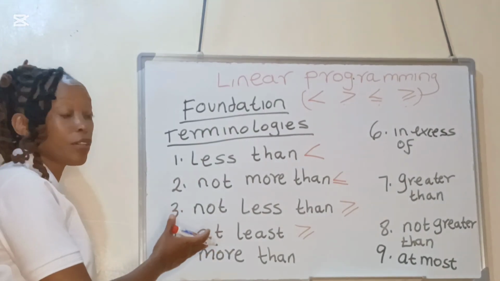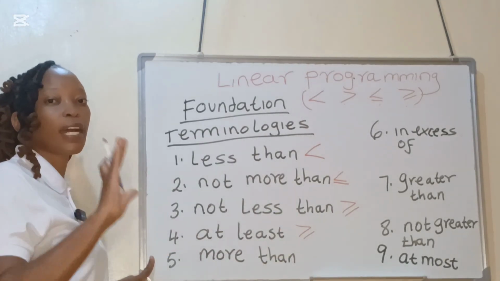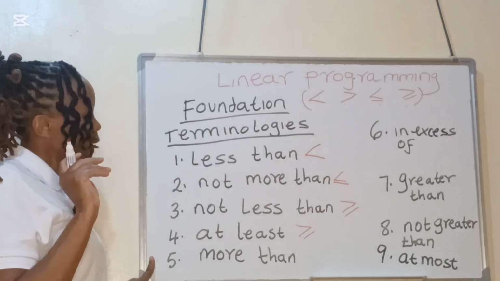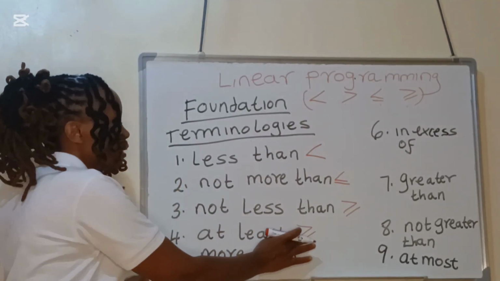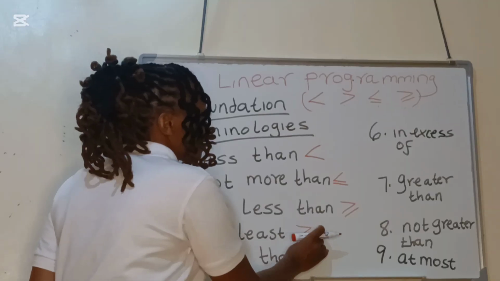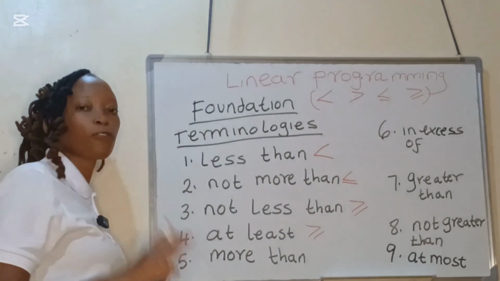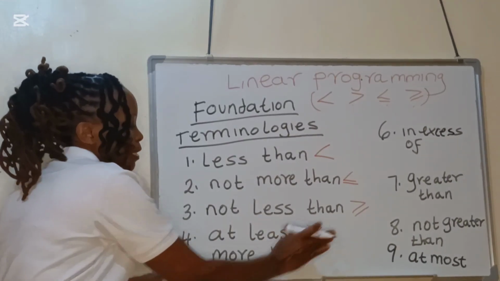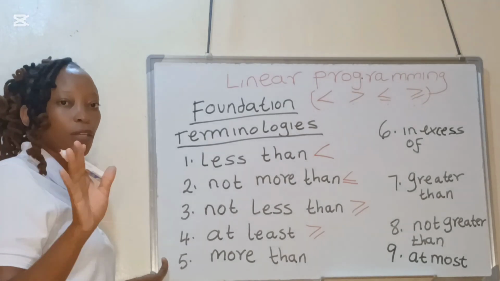If you see the terminology at least, it is greater than or equal to. After you have formed your linear inequality expressions, you are supposed to separate them using these symbols or signs. So form your linear expression, then separate them with this symbol. If you have at least in your question, use it.